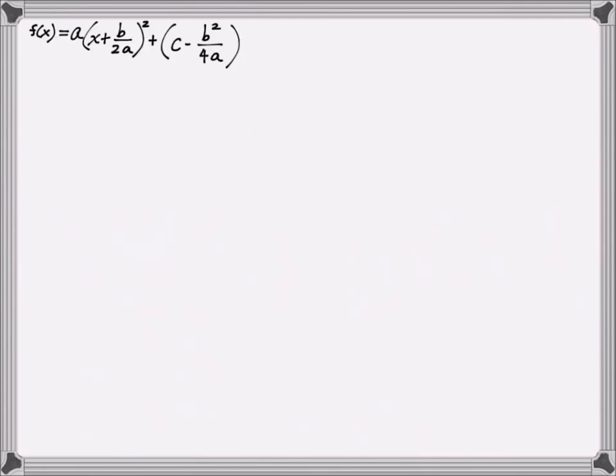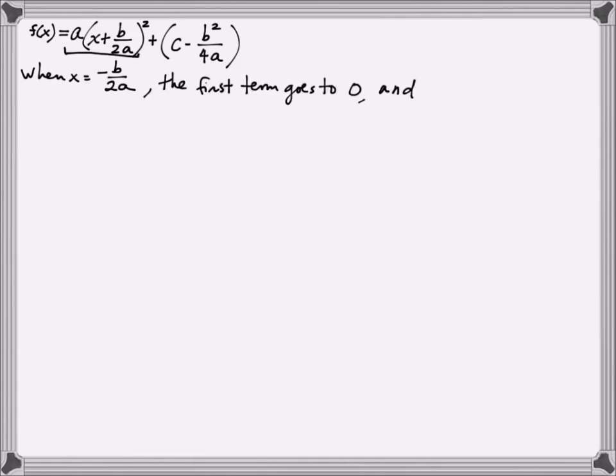So I want you to notice that if we were to plug in x equals negative b over 2a in this first term, this entire term actually goes to 0. And if that's the case, this is already equal to 0, so you can ignore it. Let's look at what happens to the second quantity here.